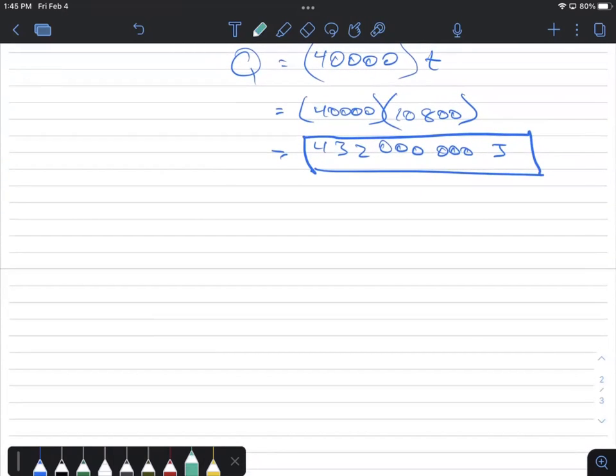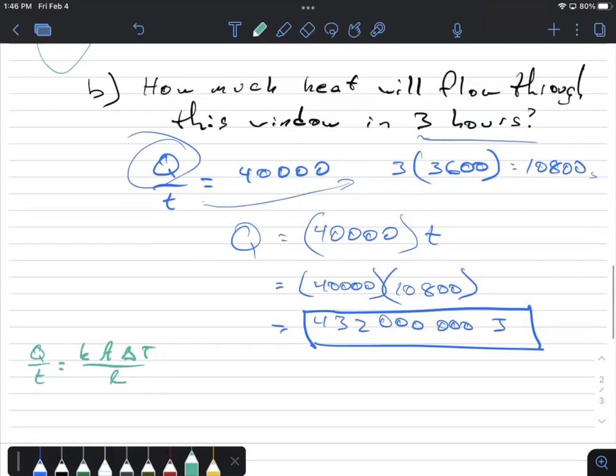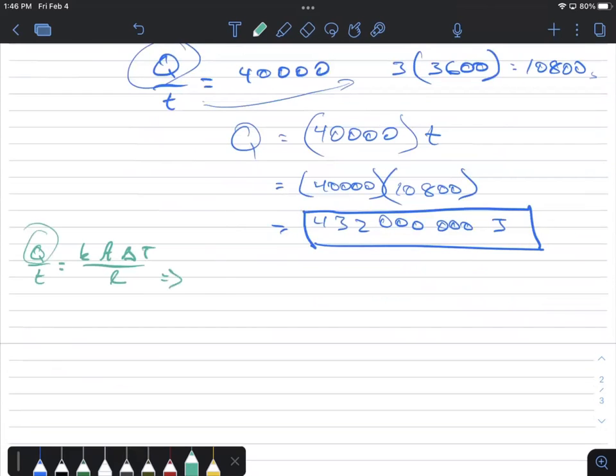Notice the equation is Q over T is K A delta T over L. Well, what my problem is asking me is, given all the information, how much heat will flow? That means solve for Q. So all I have to do is just move the T over to the other side and I get a new equation, K A delta T over L times T.